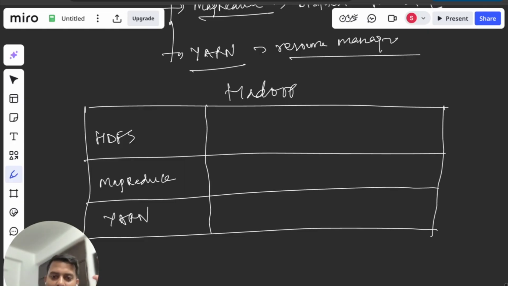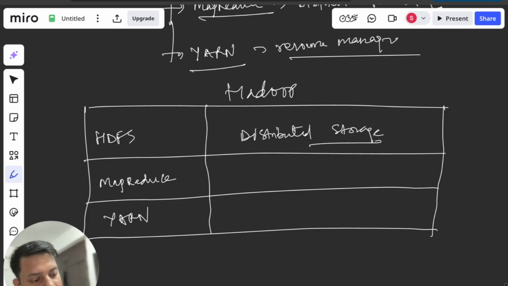Let's understand what each is for. Hadoop Distributed File System is for distributed storage. Understood? It is used for storage. And MapReduce was used for distributed processing. You need to remember this keyword, then only you will be able to understand this.